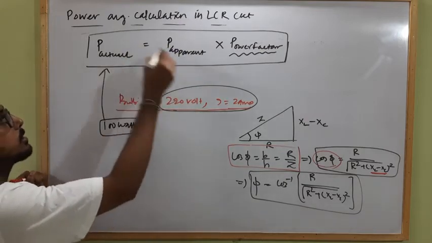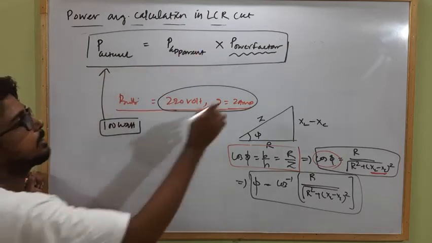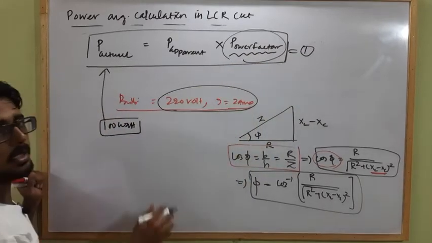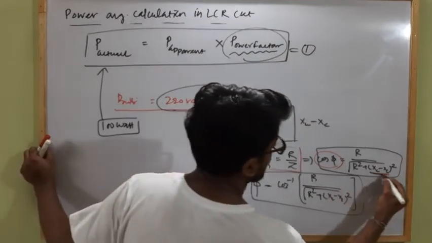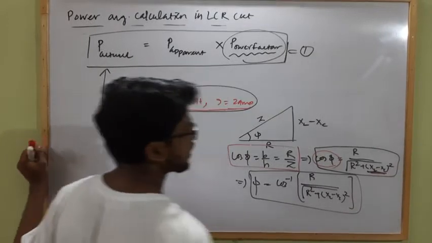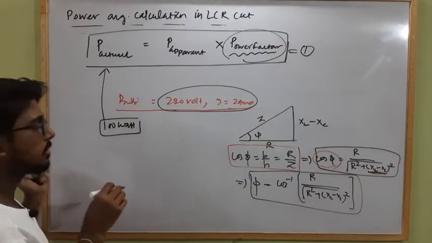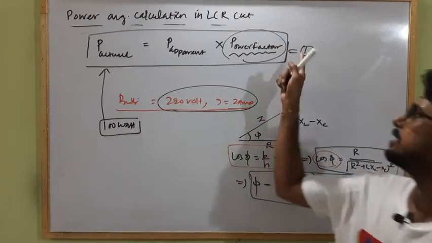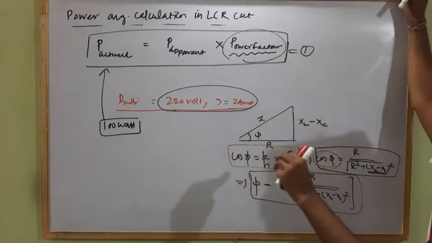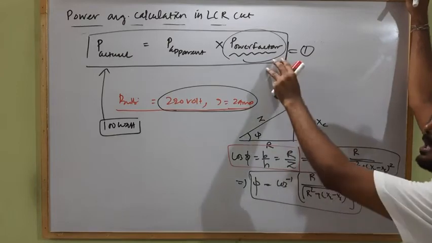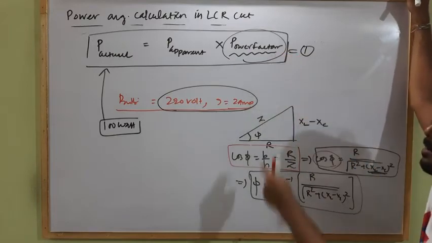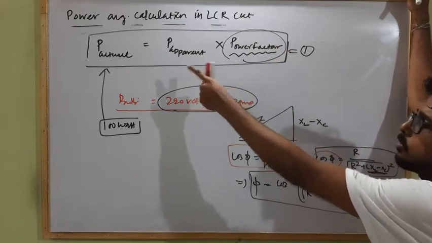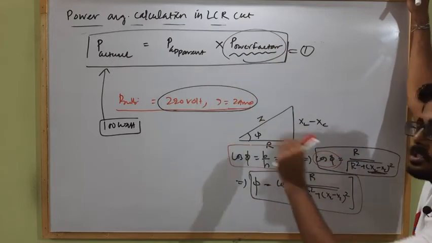If actual power is completely equal to the apparent power, then power factor will be equal to how much? 1, and power factor becomes 1 when XL equal to XC. Clear? But in a general circuit, for any kind of appliance, power factor can never be equal to 1, because there are a large number of factors which affect the power factor. But if power factor is more, then the apparent power will be more close to the actual power, and the loss in energy will be very less.